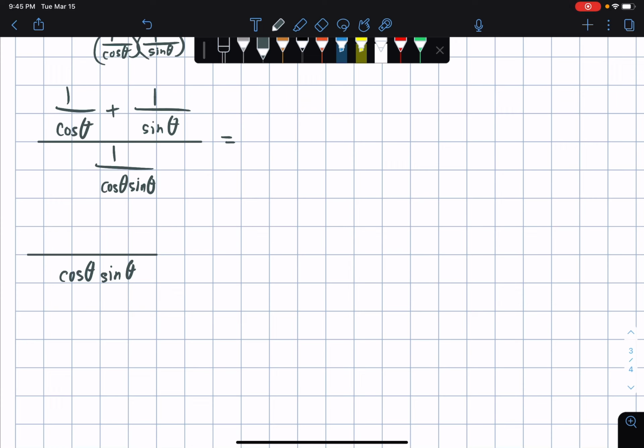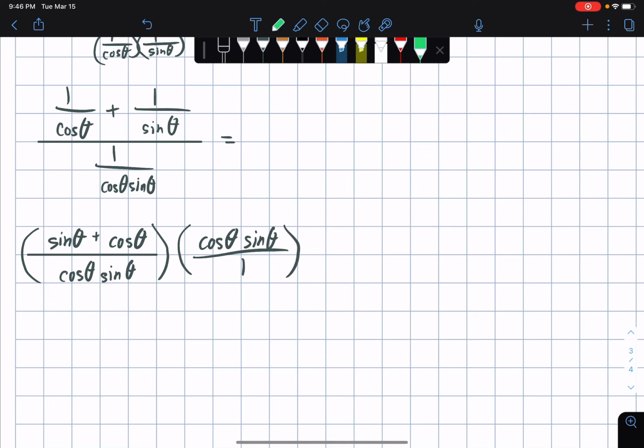So we get sine theta plus cos theta. Okay, let's reciprocate already. So this is what we get at the other side. Right now we can cancel the like terms and we will be having this one left.